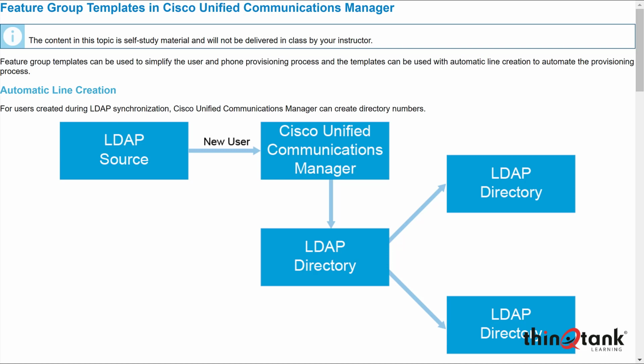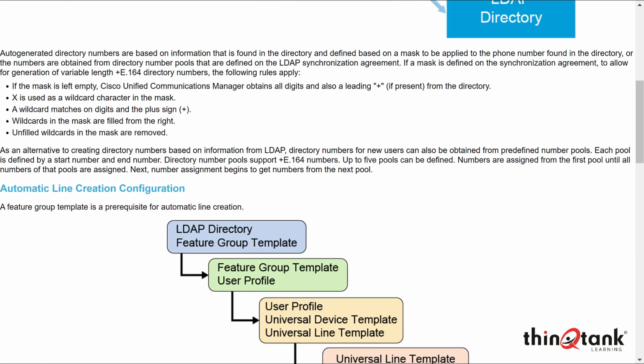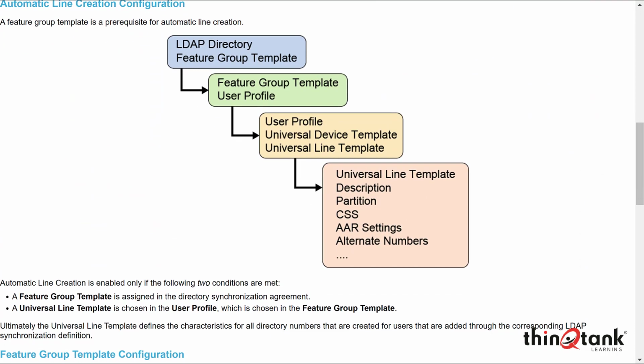Each pool is defined by a starting number and an ending number, and those directory number pools can be published. They also support E.164 numbers. We can define up to 5 different pools. Numbers are assigned from the first pool until that pool is exhausted, and then we go into the next pool and so on.